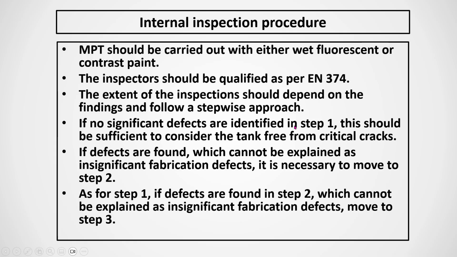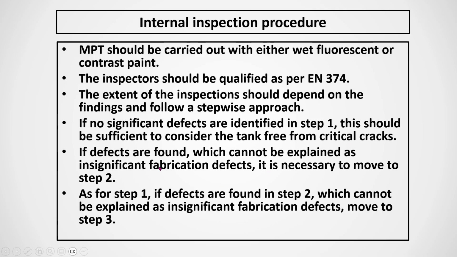How much the extent of inspection you will do will depend on the step. Suppose there are no significant defects identified in step 1. First step 1, if you are not getting anything, that should be sufficient to consider the tank free from critical cracks. First you do the inspection and you do not find anything, so you can consider that your tank is good.